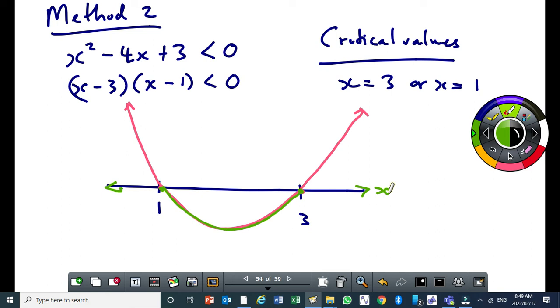Our quadratic inequality is negative. Therefore, the solution will be x lies between 1 and 3. So we can just write the answer. X lies between 1 and 3. This is an easier method if you understand the relationship between the quadratic function, quadratic inequality, and the quadratic equation.